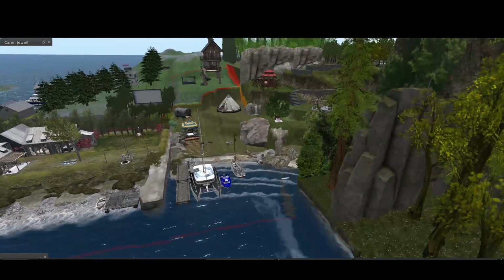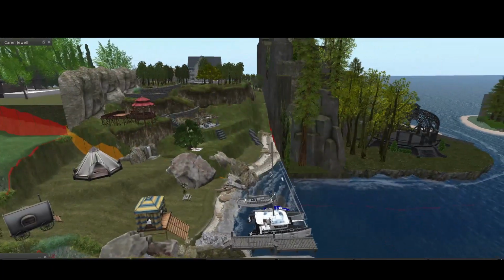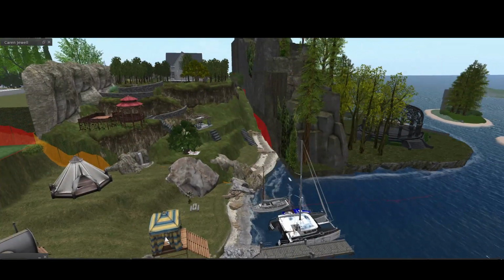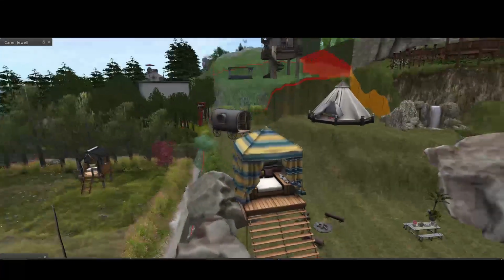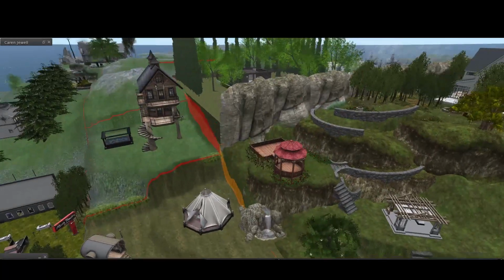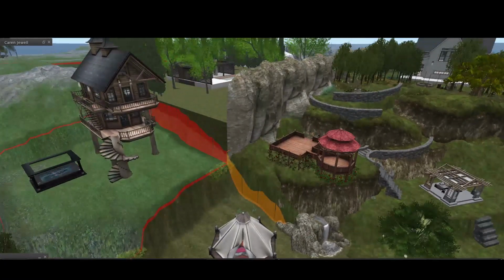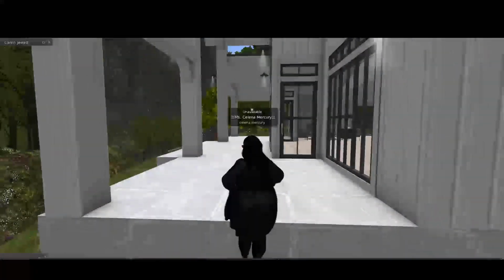I love this house. Okay, so back to where we are. This is for sale. Again, this is an 8192. We have 2,812 land impact, and it's a beautiful location. Very nice location.